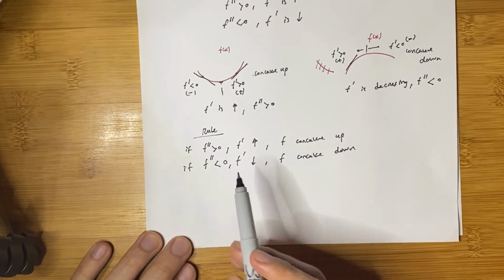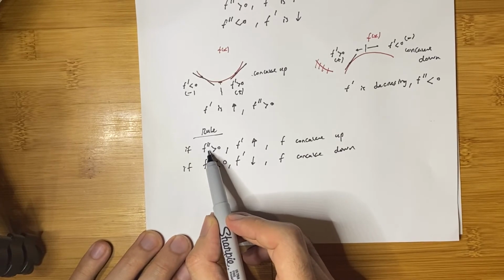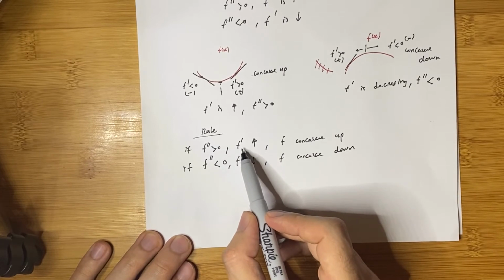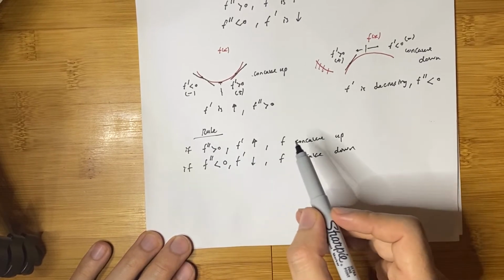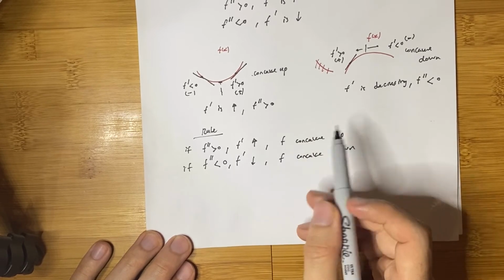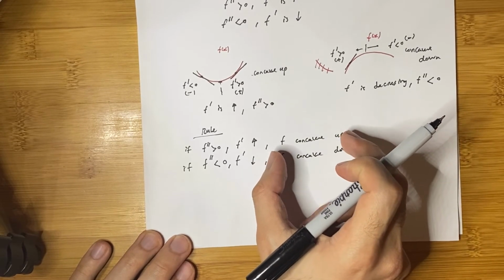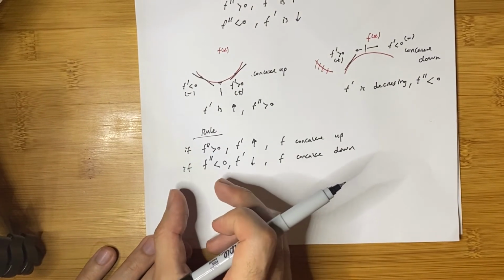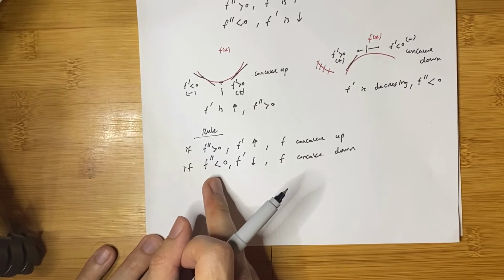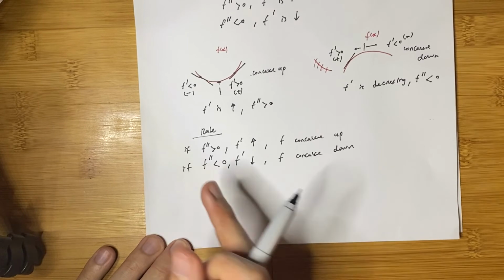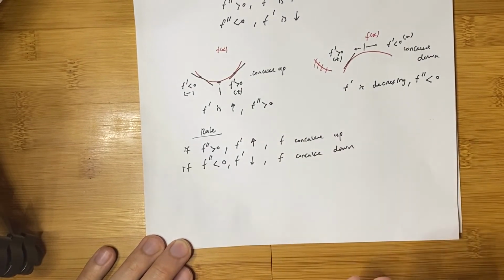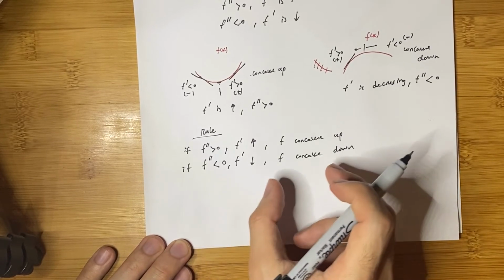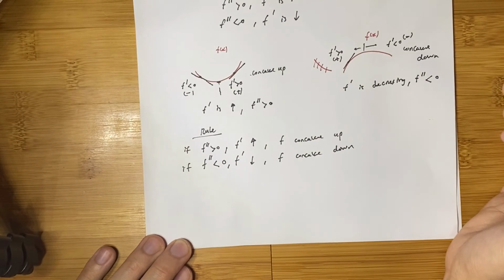So they all say if f double prime is positive, then that means f prime, the first derivative, is increasing over that interval, and over that interval the original function is concave up. Similarly, if f double prime is negative, that means f prime is decreasing over that interval, which means the function is concave down.